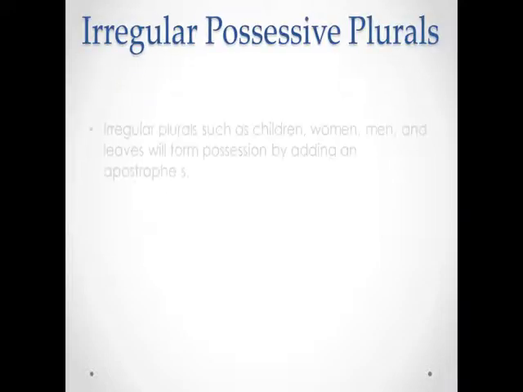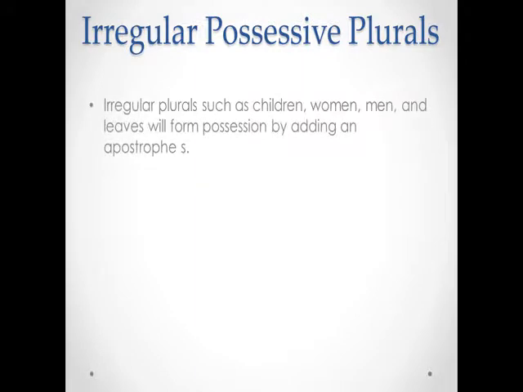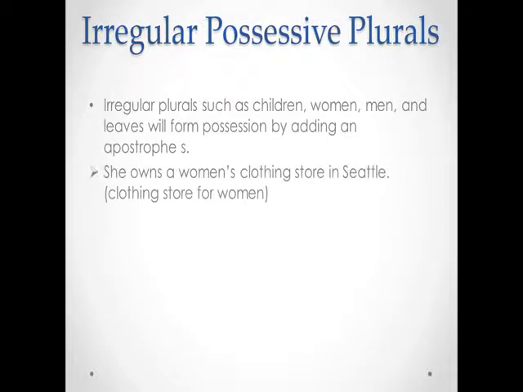Irregular possessive plurals. These ones we talked about a little bit. Children, women, men, leaves. They're already written in the plural form. So to show possessive form here, you're just going to add the apostrophe, then the S. So here's an example. She owns a women's clothing store in Seattle.